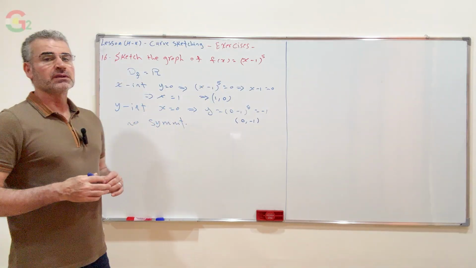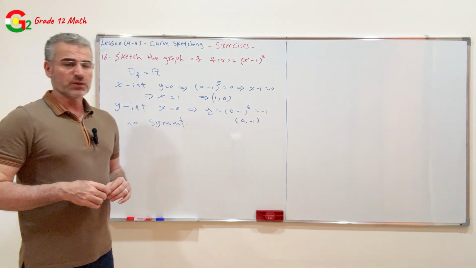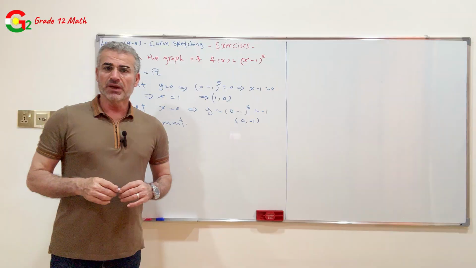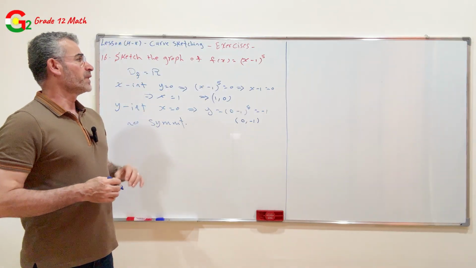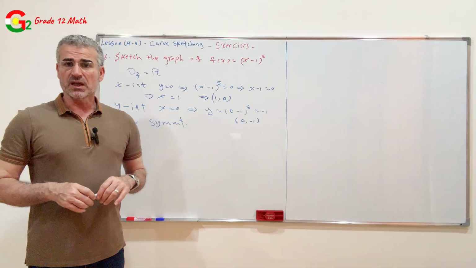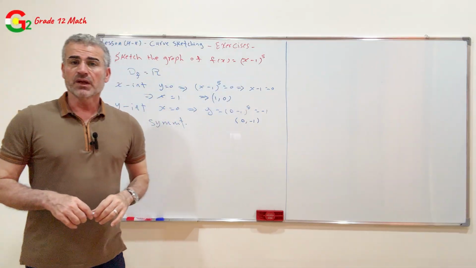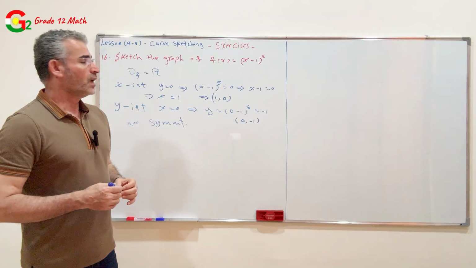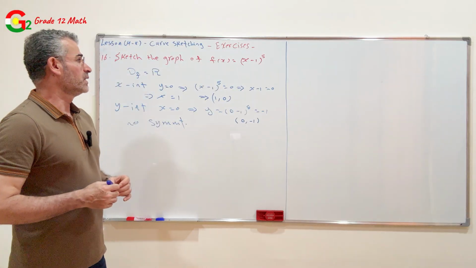The function has no vertical asymptote since the domain is R and the function is not rational. Also, the function has no horizontal asymptote since the function goes to positive infinity and negative infinity when x approaches positive and negative infinity.